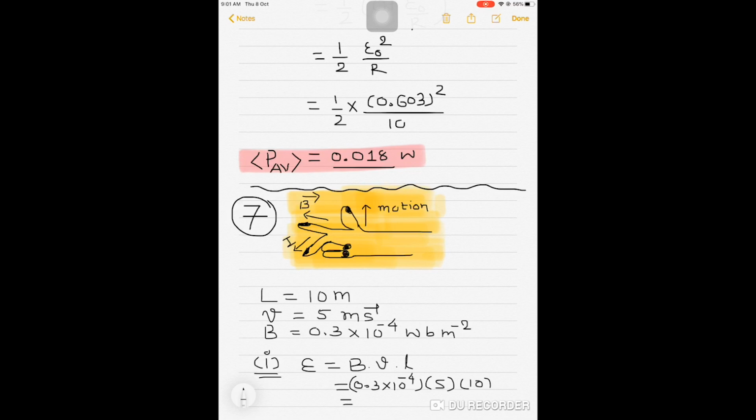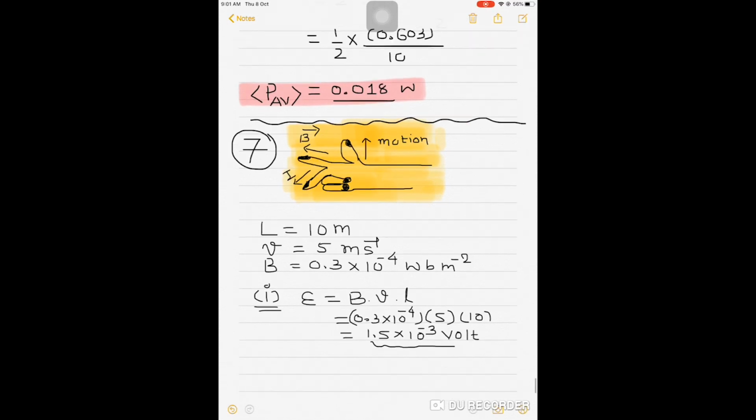So ultimately EMF is obtained here, that is 1.5 into 10 raised to minus 3 volt, or we can say that it is 1.5 millivolt. So the first part is obtained.